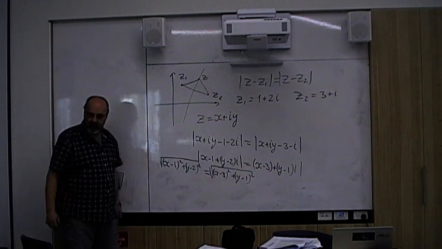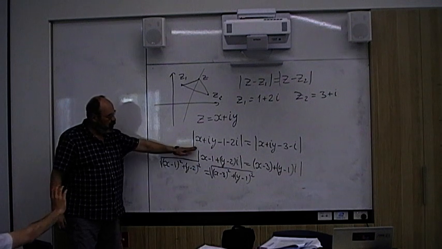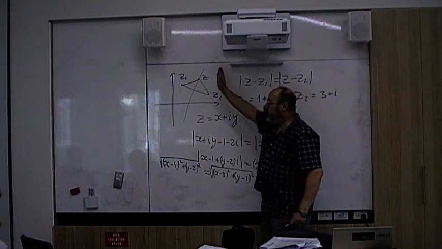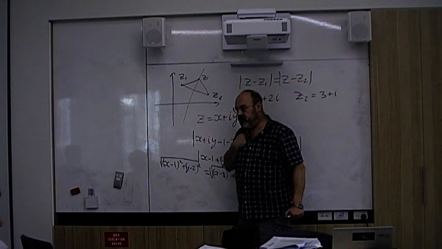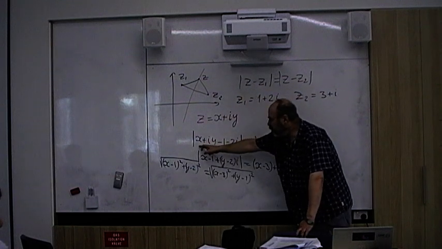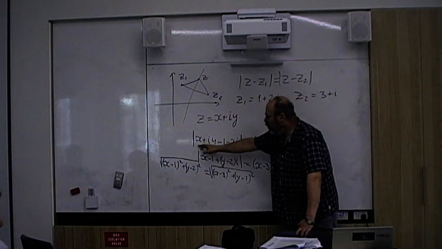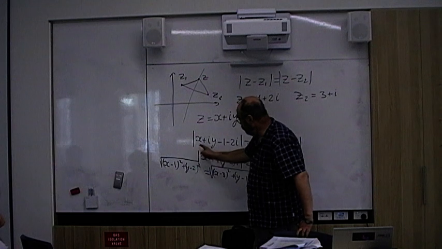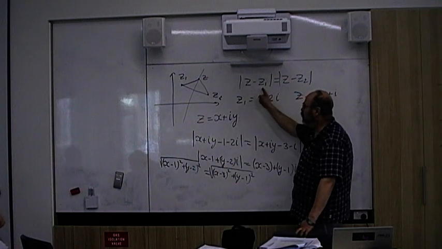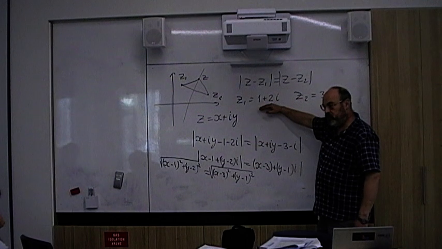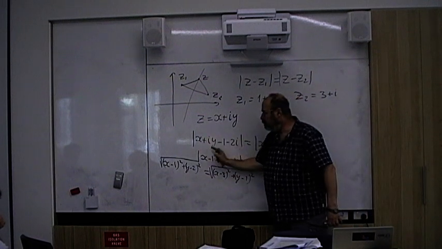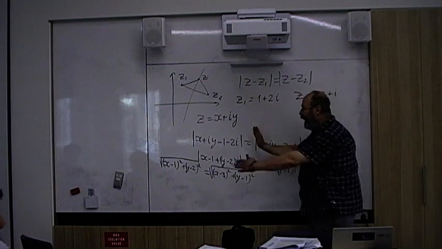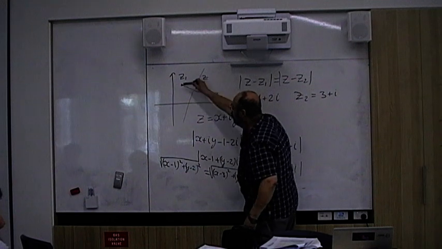I don't really get what you did there. There are two moduluses. What are you doing there? We are saying that the points on the perpendicular bisector are equidistant. This is a distance from some point x plus iy on this line, z minus z1. Our z1 is 1 plus 2i. So z, any point on this line, minus the given first point, and the modulus is the distance from this point to our z1.